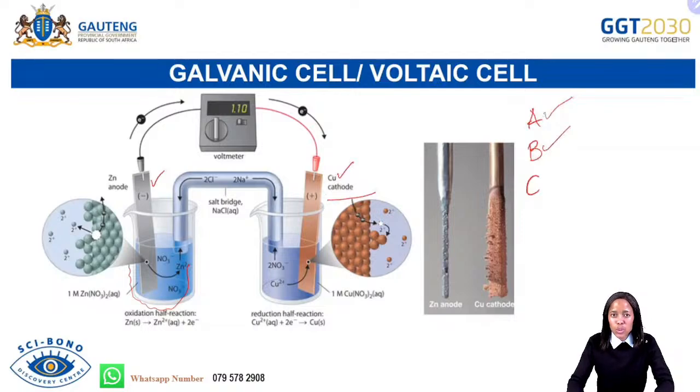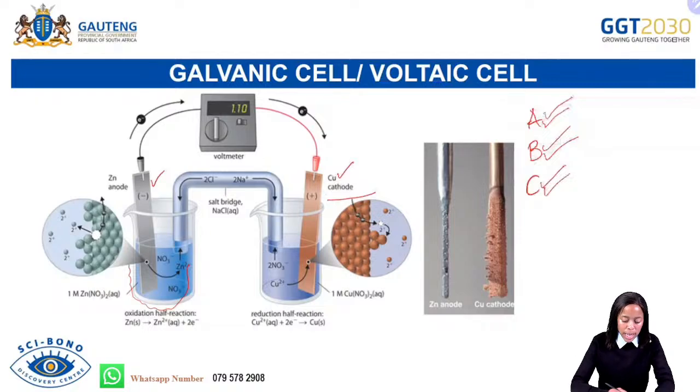We use the B whenever we have to write the cell notation. Whatever appears below the anode represents the cathode. So A represents the anode, B is the salt bridge, and C represents the cathode, using table 4B.